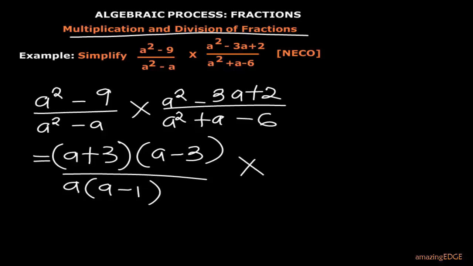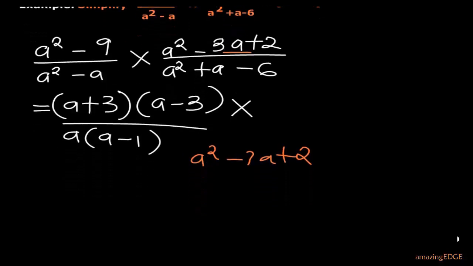So here you try to factorize this. You have a squared minus 3a plus 2. You check if this could be factorized. Of course, we can factorize that. So write this out clearly and see what the factorization will be. You are looking at a squared minus 3a plus 2. So you see that this will be equal to a squared minus 2a minus a plus 2.